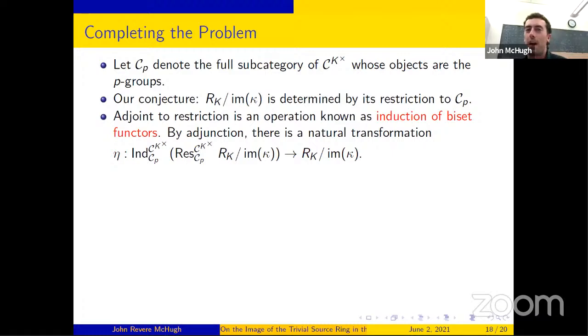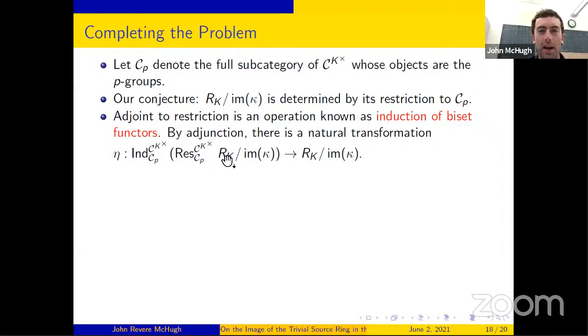So restriction is an operation on biset functors. And just like in character theory, there's an operation that's adjoint to restriction, known as induction of biset functors. If you have a biset functor defined on this subcategory, you can induce it and get a biset functor defined on the entire category. Because these operations are adjoint to one another, there's a natural transformation, eta, going from here to here.